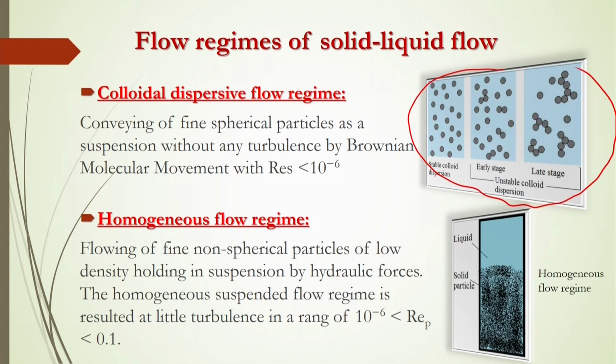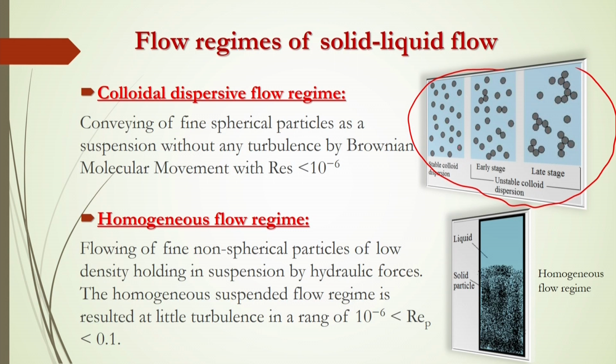Here in this picture, two diagrams are given. The first one is for the colloidal dispersive flow regime. In this case the particles are moving with Brownian motion, and there is no turbulence, but sometimes some particles make an unstable colloid, coagulating with each other, and then move as Brownian motion.